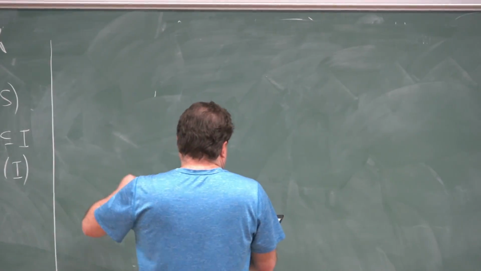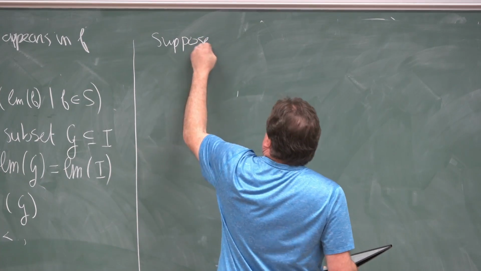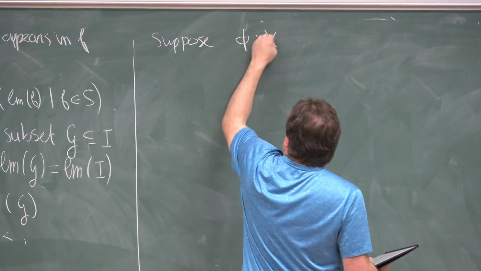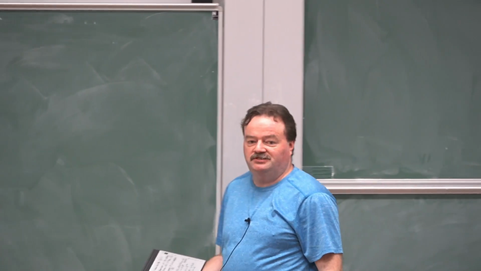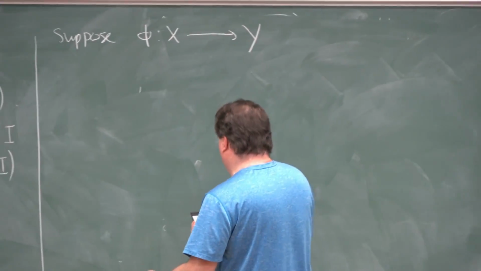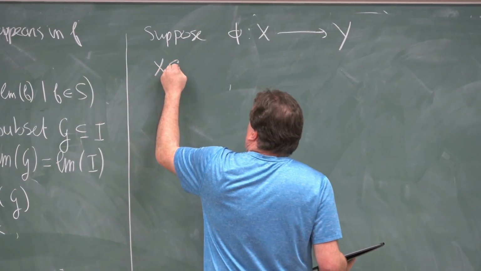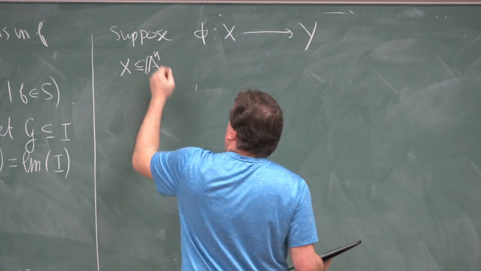So suppose we have a morphism between affine algebraic varieties. So first of all, this X is some affine variety. So it's some Zariski closed subset of affine space.